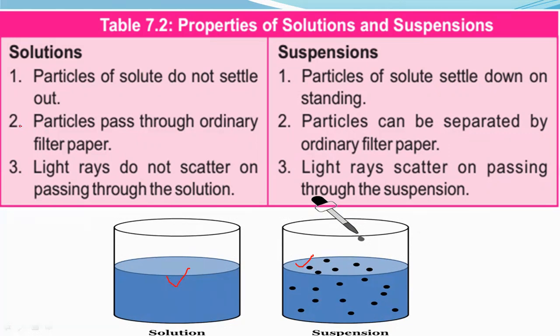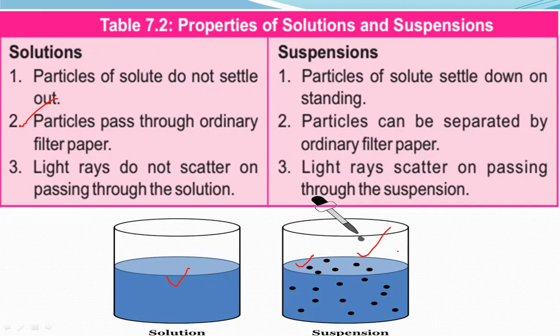Number two, particles pass through ordinary filter paper. In a suspension, particles can be separated by ordinary filter paper. Like the example of sand in water and a tea solution.